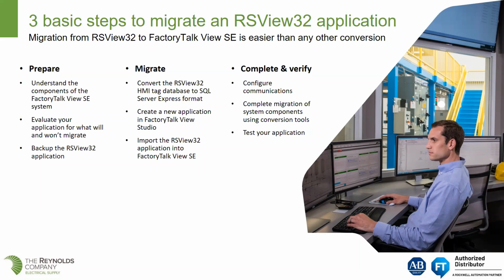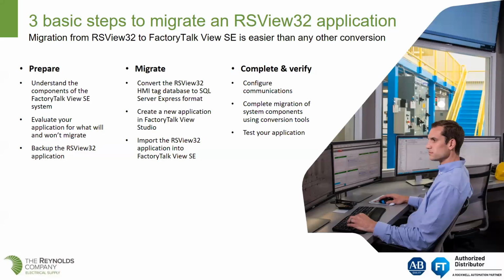So I would encourage everyone to take inventory of what you have in your manufacturing facilities and also look at how that RSView32 is deployed. Do you have the proper Ethernet networks installed in your facility? Where are you going to put the new FactoryTalk View SE HMI software? Those sorts of steps.